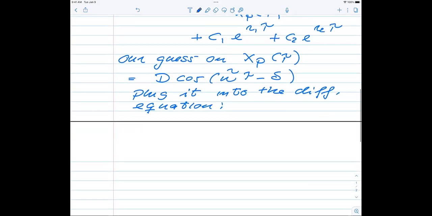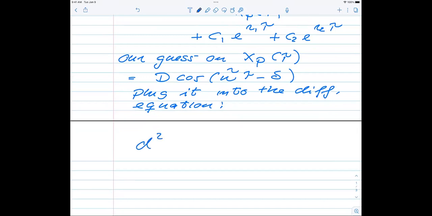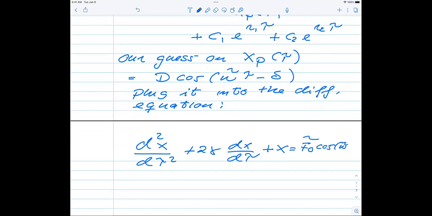We need to take the differential equation, which we now have rewritten in terms of a second derivative with respect to this dimensionless time, plus 2 times gamma times dx d tau plus x, and this is equal to f tilde times cosine of omega tilde tau. So this is the force, this is tau here. This is the force which we have applied to the system.